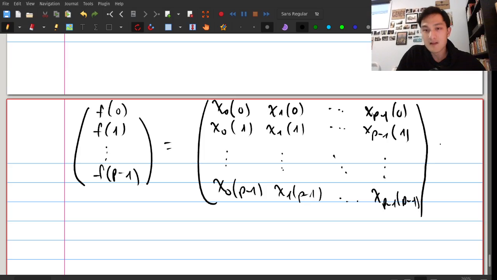And it's times the vector of all the f hats: f hat of 0, f hat of 1, f hat of p minus 1.